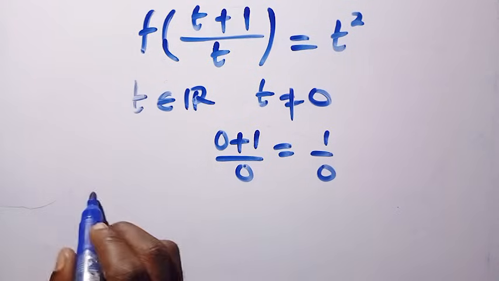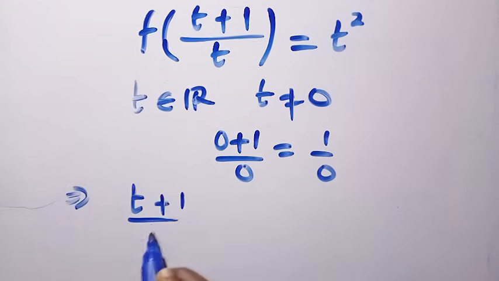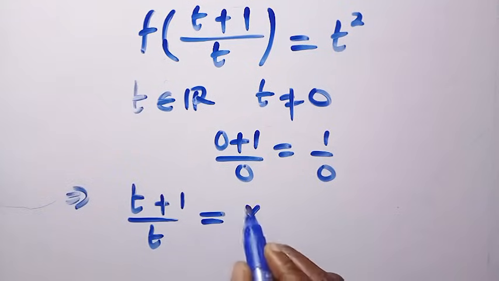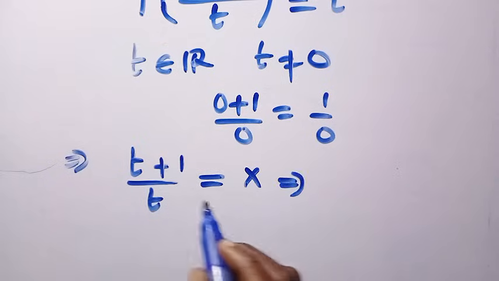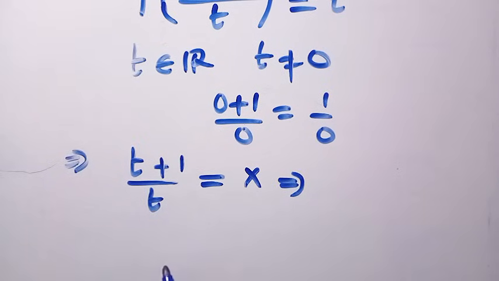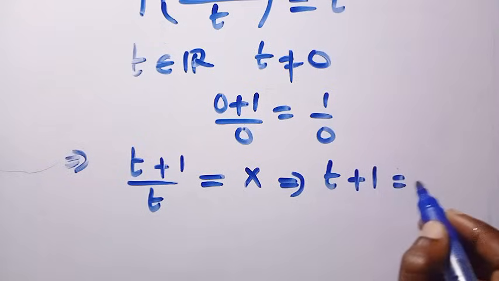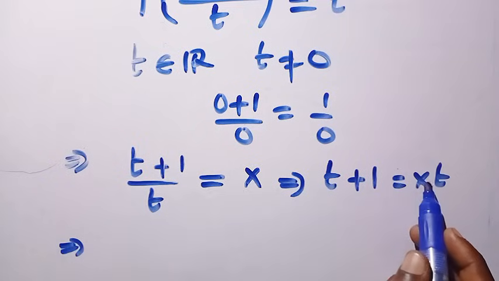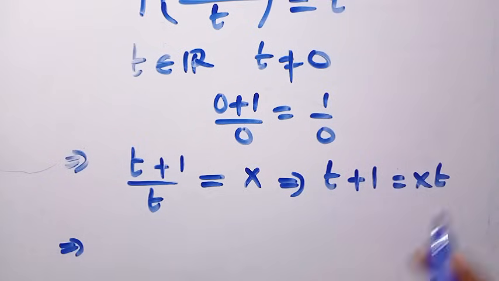So what we do is, I replace t plus 1 divided by t to be x, and by making t the subject of this formula, we cross multiply so that we have t plus 1 equals xt. By this, we have to transfer this xt to this side and take this one to this side.